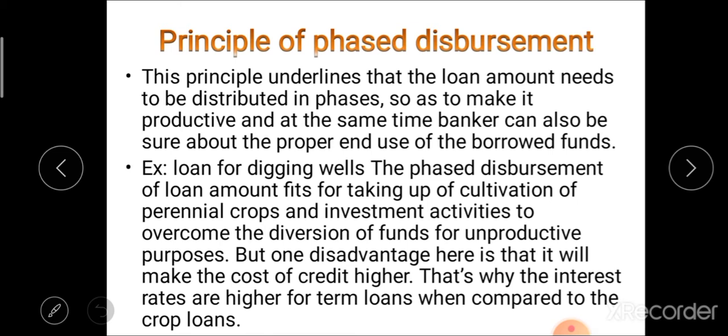For example, in a loan for digging of a well, the phased disbursement fits for taking up the cultivation of perennial practices, and investment activities overcome the diversion of fund for unproductive purpose. That means the bank distributes the fund throughout the production process to avoid the unproductive use of that particular loan. This is the fourth principle, that is phased disbursement.